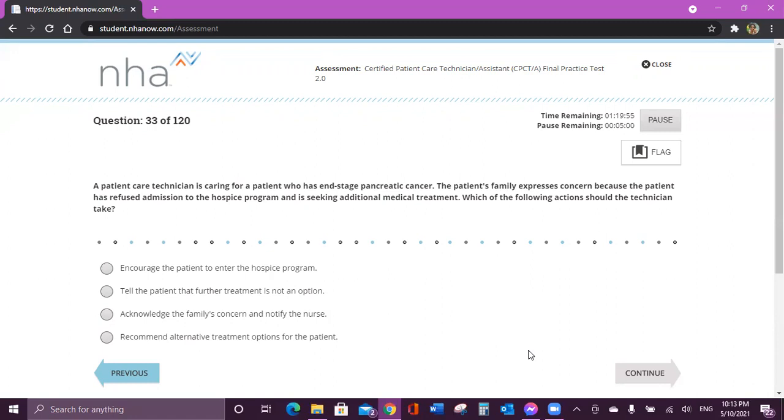Which of the following actions should the technician take? Encourage the patient to enter the hospice program. Tell the patient that further treatment is not an option. Acknowledge the family's concern and notify the nurse. Recommend alternative treatment options for the patient. No. Acknowledge the family's concern and notify the nurse.